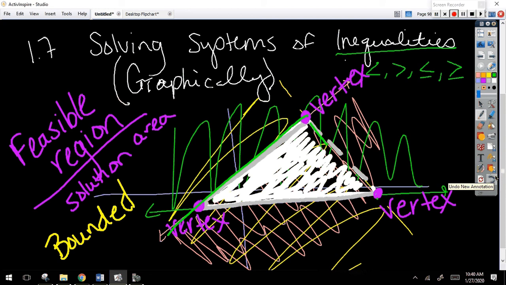We have a lot of them with more than two. So if it's got two equations, sometimes, it's unbounded. Hold on and I'll show you an example of an unbounded. You don't have to have two. It just depends on how they intersect and how they go.